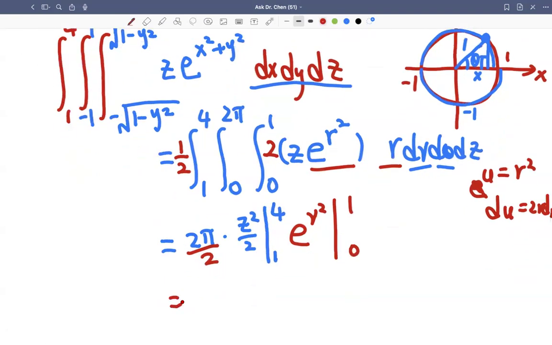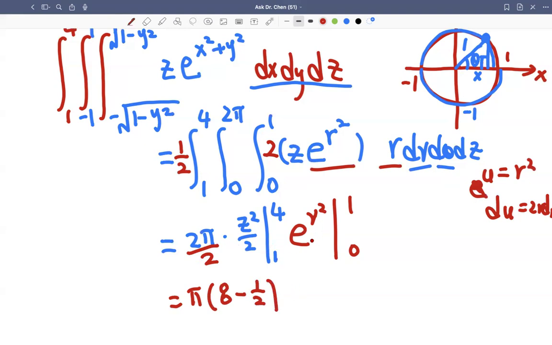Now what do we get? So we get pi times z squared: 4 squared is 16, 16 divided by 2 is 8, minus 1 squared divided by 2, which is a half. That's the evaluation in the z direction.